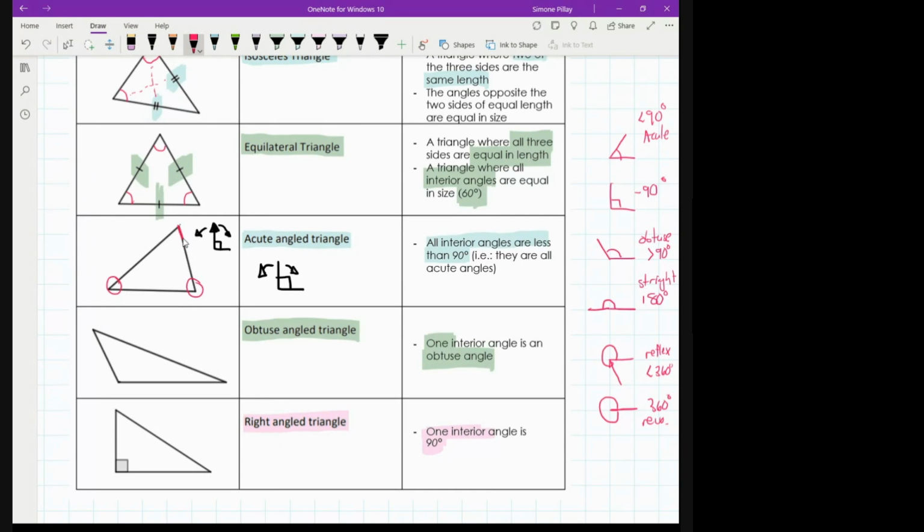You can pick any side, draw a straight line, and then draw where the 90 degrees would be. Make a straight corner, and you're going to see, is my arm opening or is it closing? And you'll see in all of these, the actual lines of the triangle are inside this 90-degree angle, meaning all of these angles are less than 90, which means they are acute.